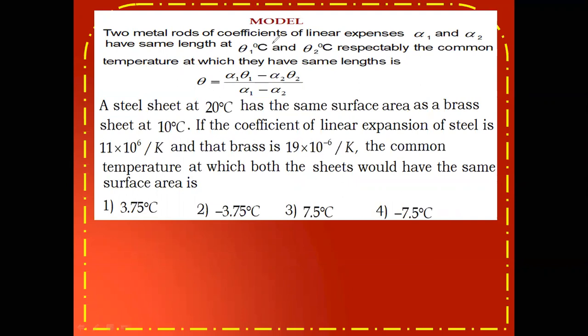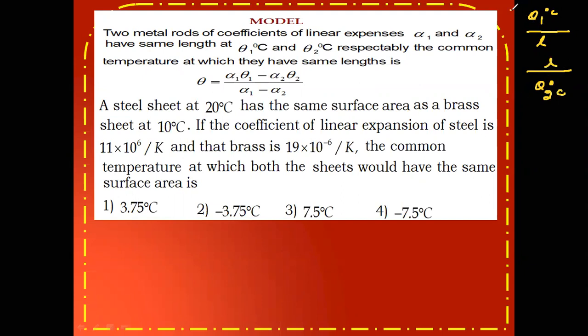Two metal rods of coefficients of linear expansion alpha 1 and alpha 2 have the same length at theta 1 degree Celsius and theta 2 degree Celsius respectively. So here I am taking a rod. This rod is at theta 1 degree Celsius. The length of this rod is L. And one more rod I am considering, that is at theta 2 degree Celsius, but its initial length is also L only.